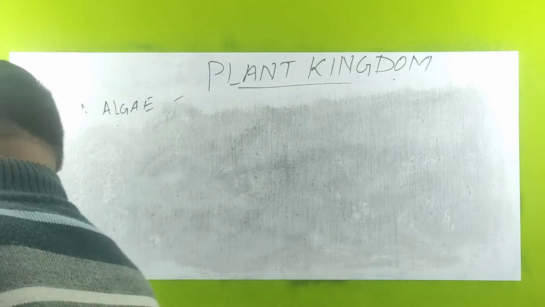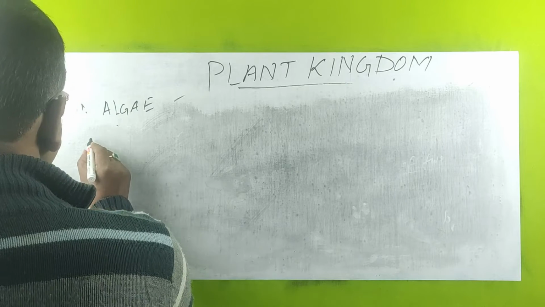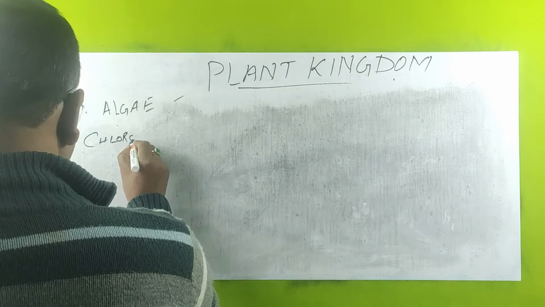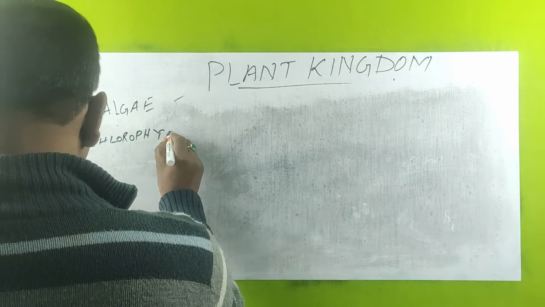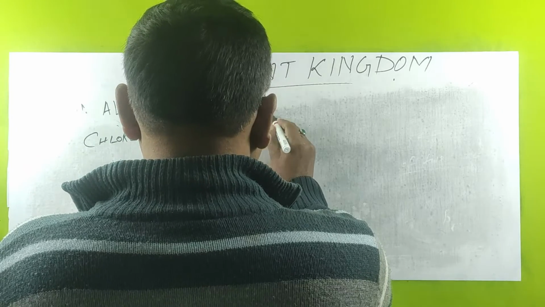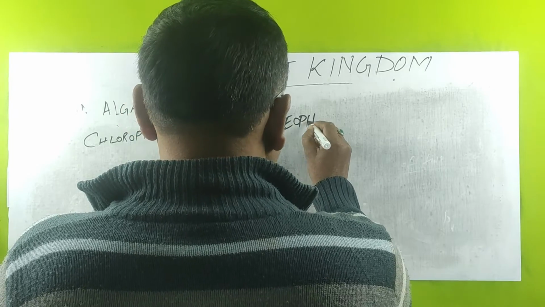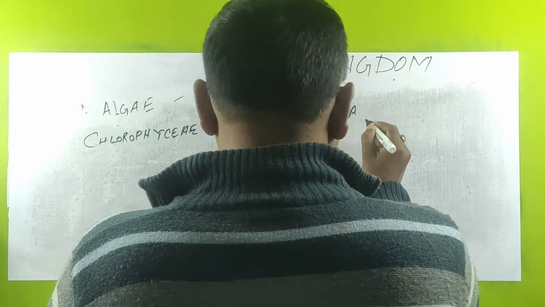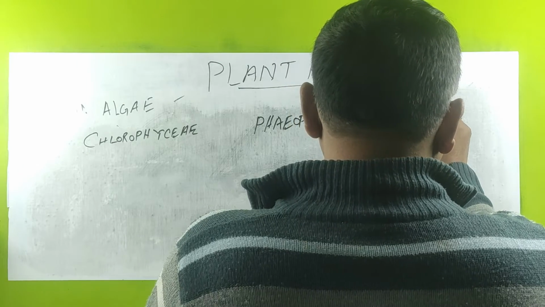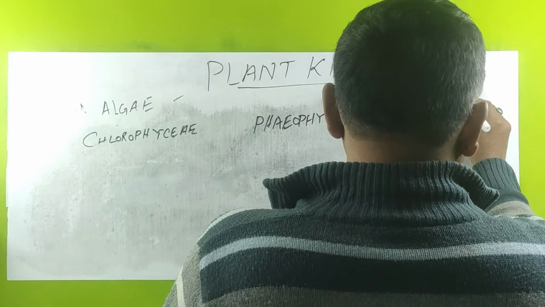So here is about three types of algae: Chlorophyceae, Phaeophyceae, and Rhodophyceae.